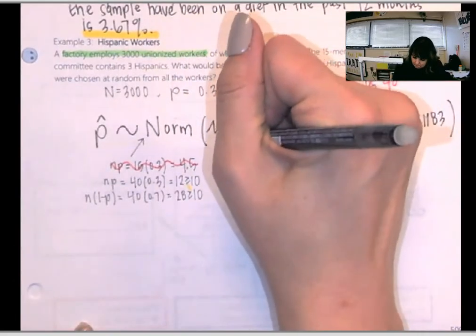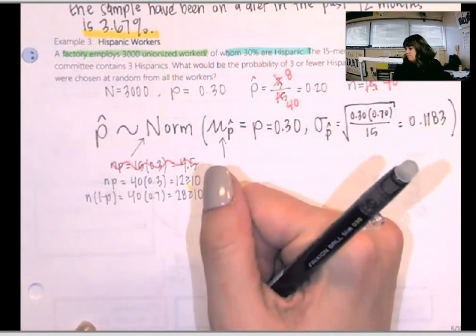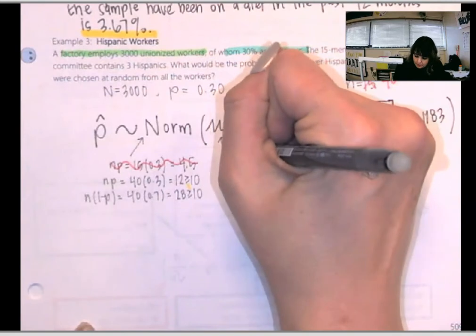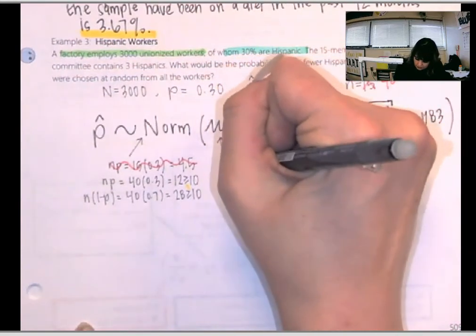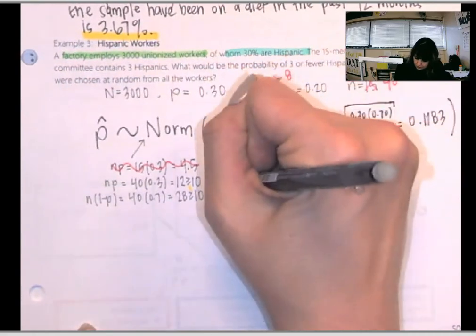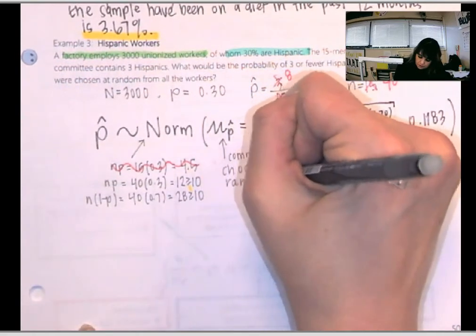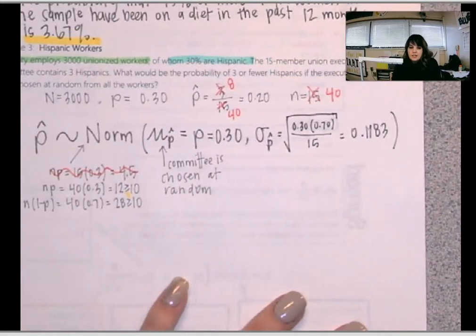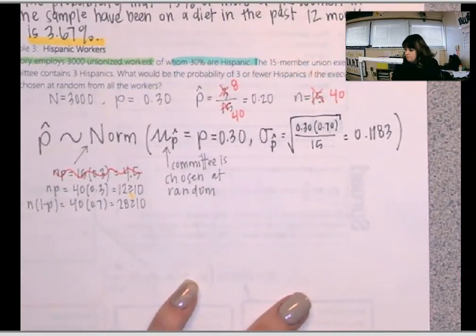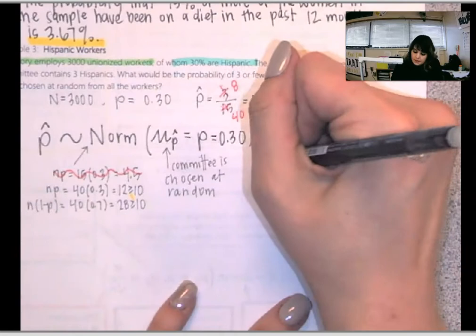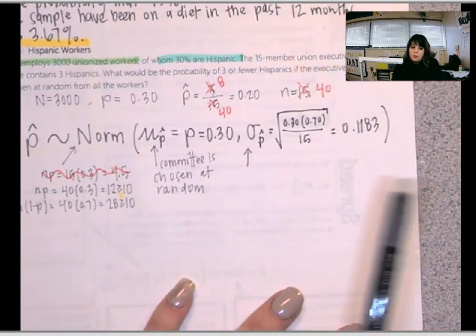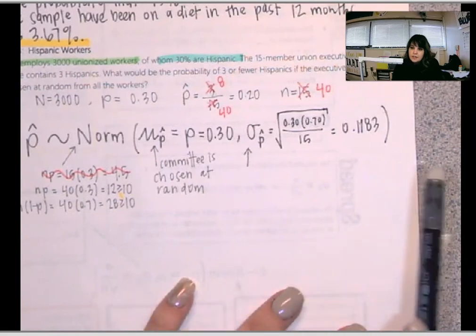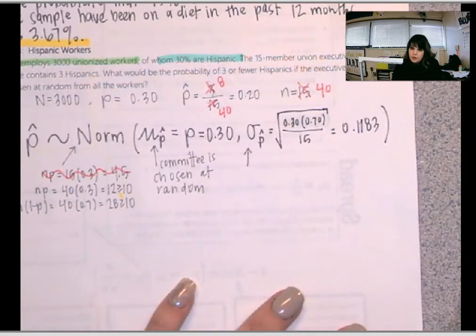Okay, center. The committee is chosen at random. So my random condition is satisfied. And now my 10% condition. This is the first problem where we can actually check the 10% condition using real values.